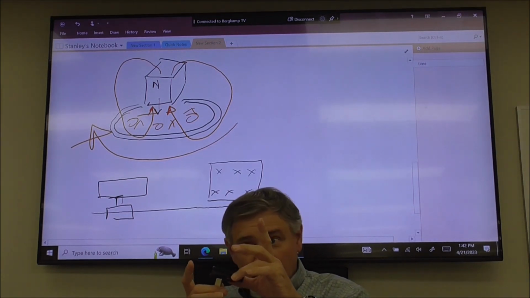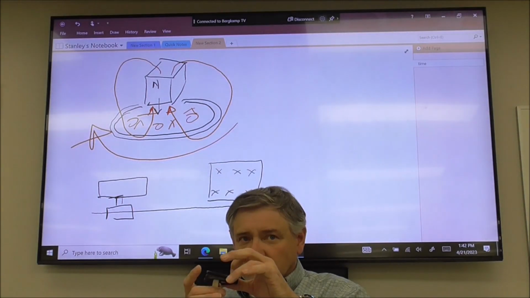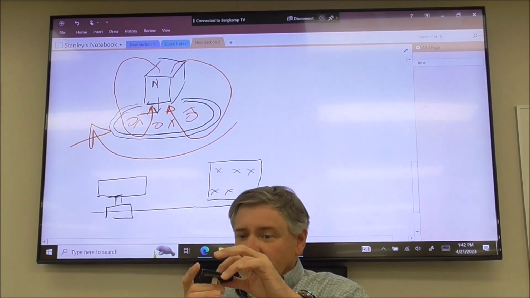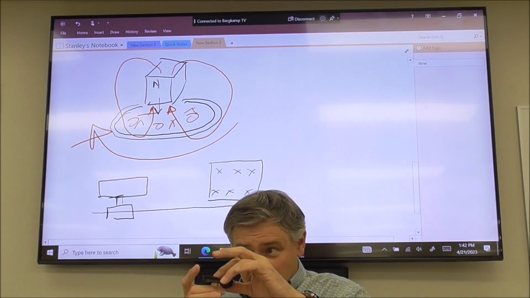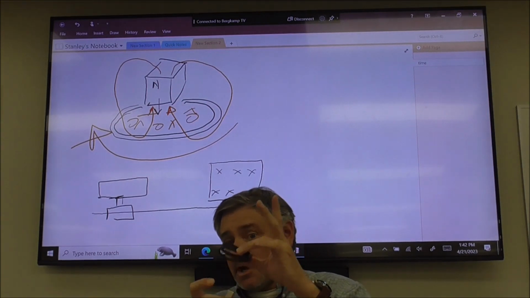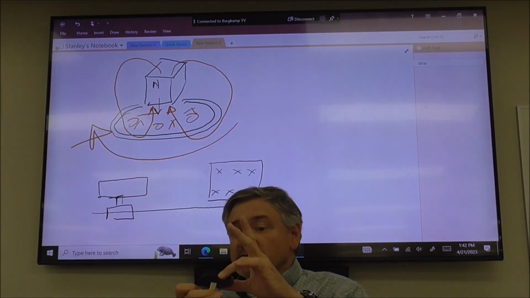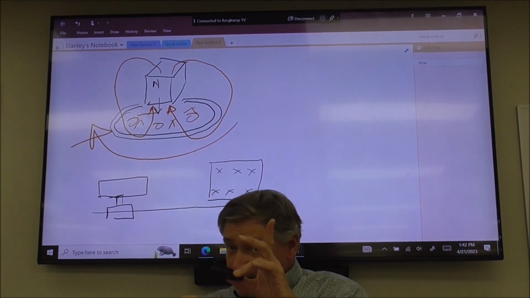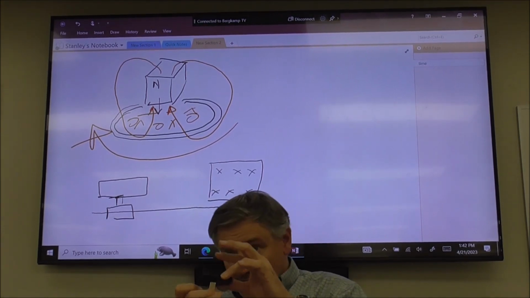X's or O's? O's. The north is coming up, so those magnetic field lines are pointing up like this. Doesn't matter, those are O's. You can't switch ways. In the plane of this ring, they're coming out. So you have O's.